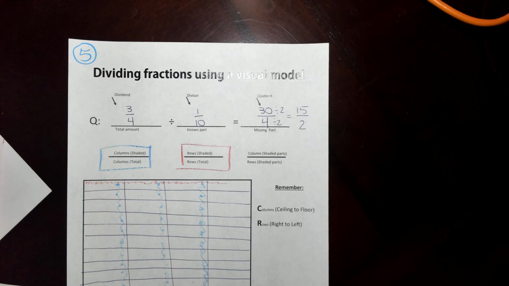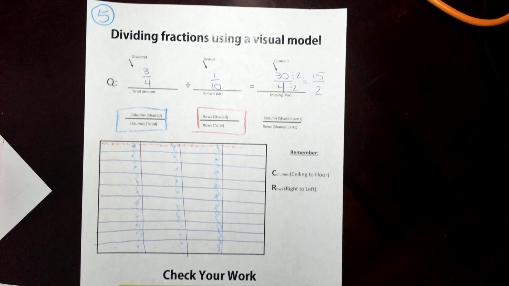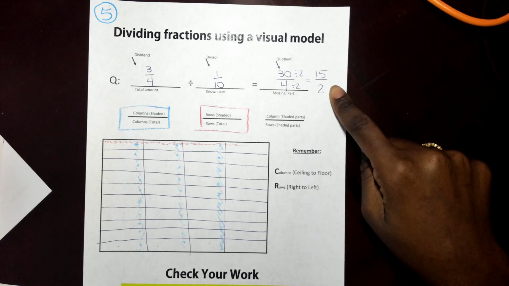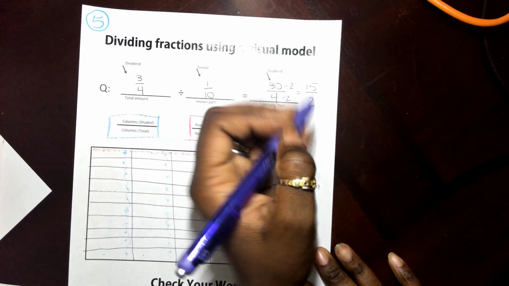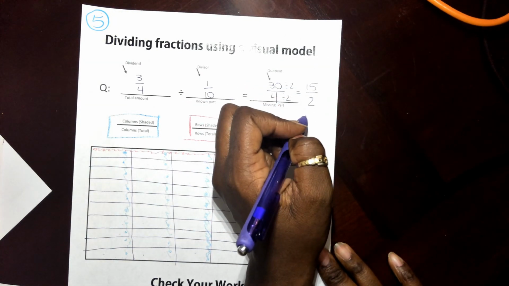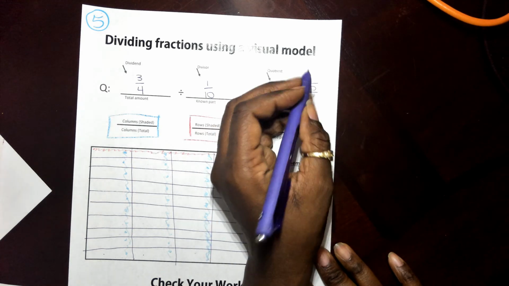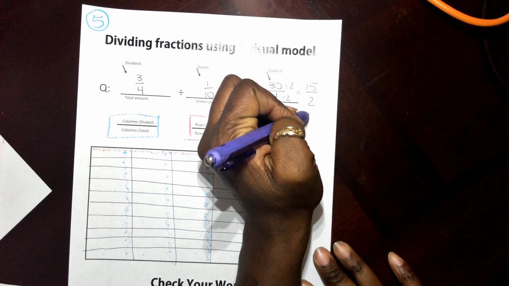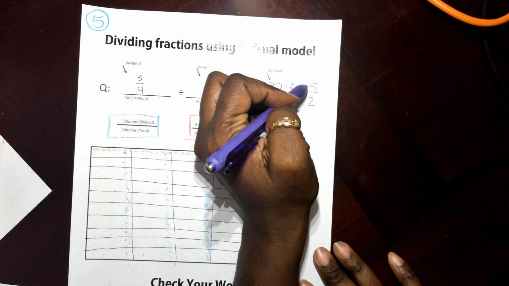So that gives me 15 halves. Okay. And to check your answer, if you wanted to put this in mixed number form, you could use the Texas method. We got to work backwards. So how many groups of 2 are inside of 15?